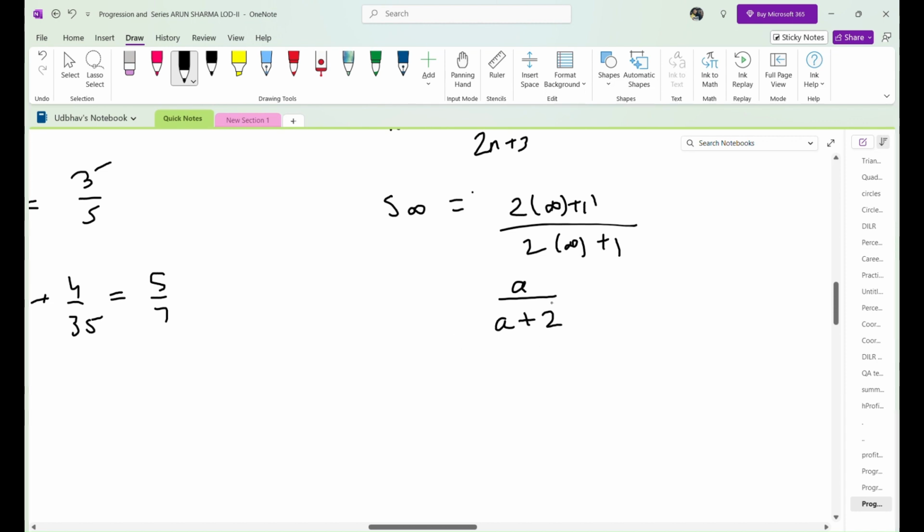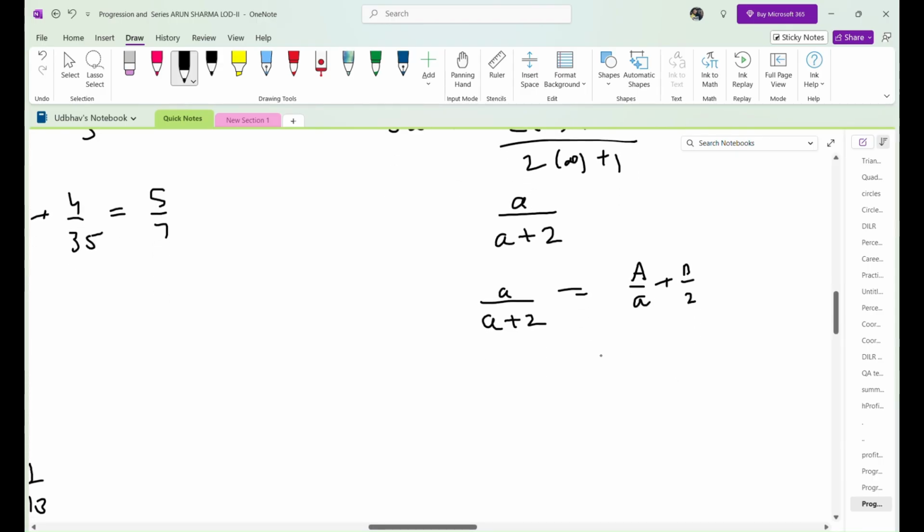We can break this into partial fractions. A upon a plus 2, we can break it as a upon a plus b upon 2.